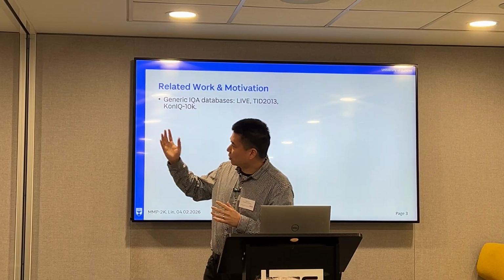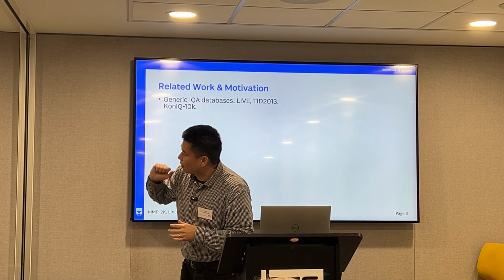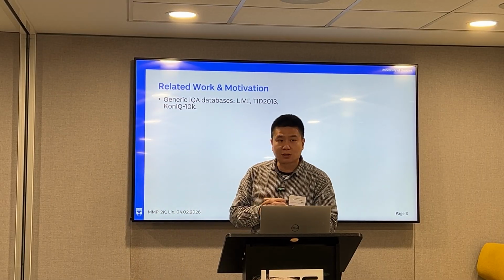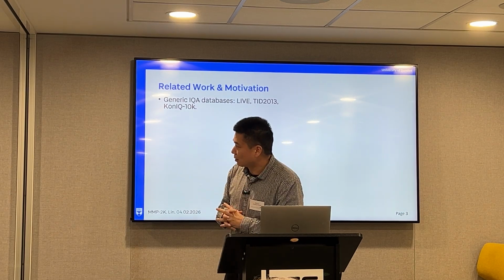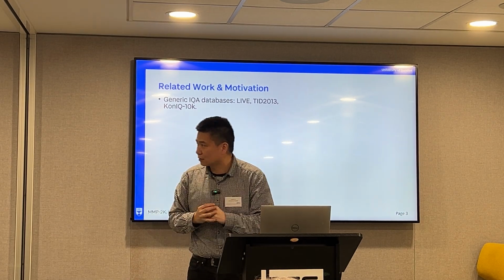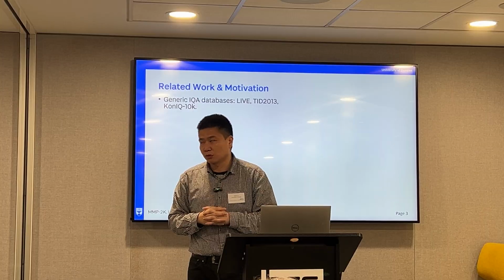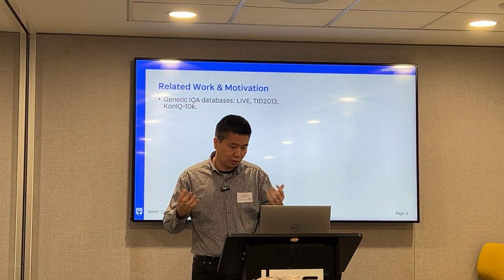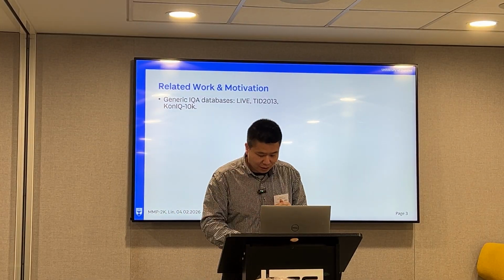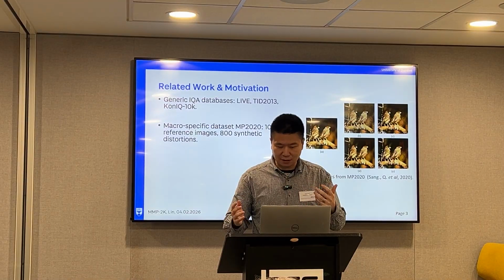The first were LIVE and TID 2013, which are artificially distorted images, whereas Conic 10K is called live in the wild, with in-the-wild distortions. We also did some research on macro photography datasets.